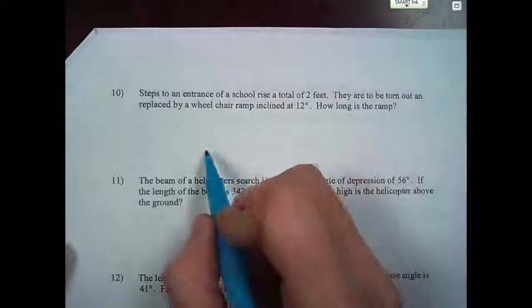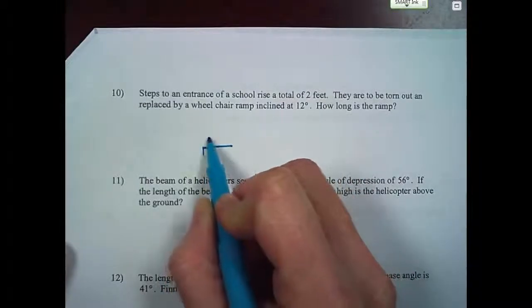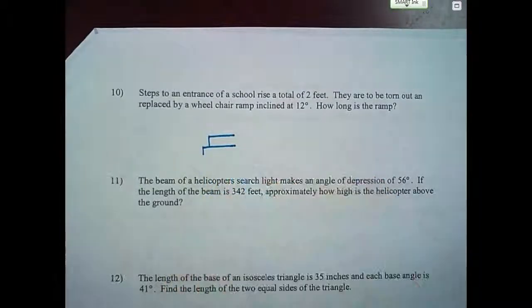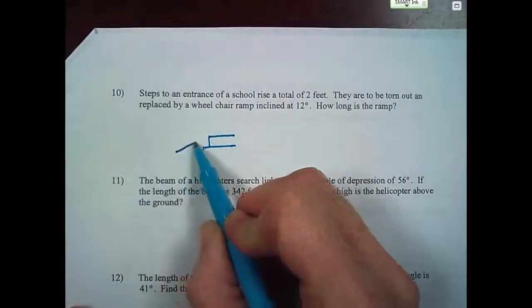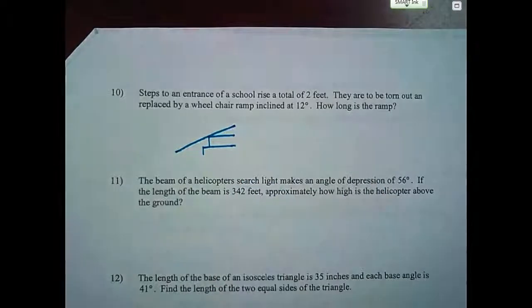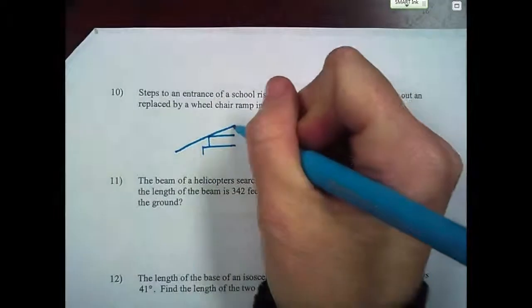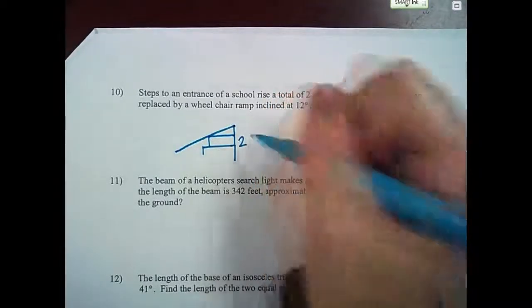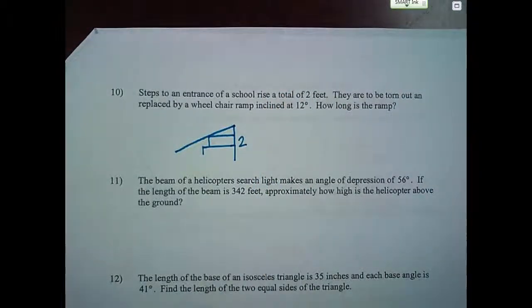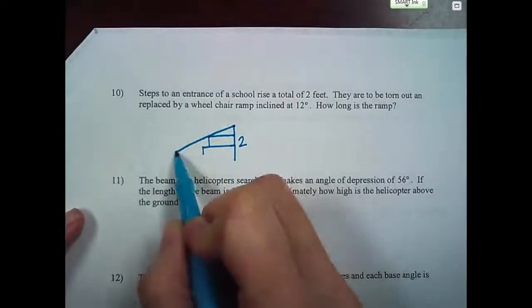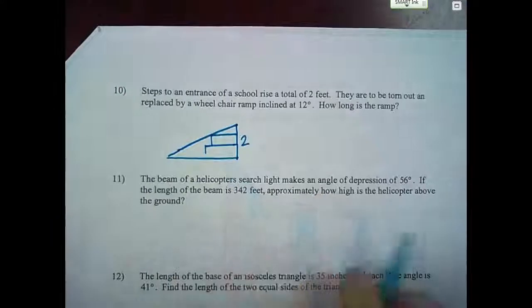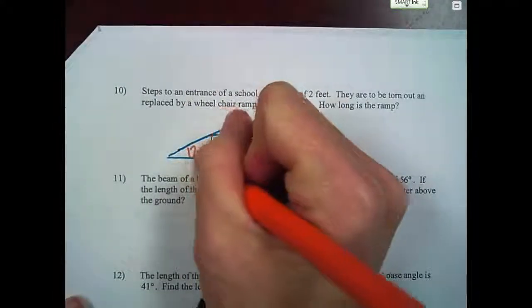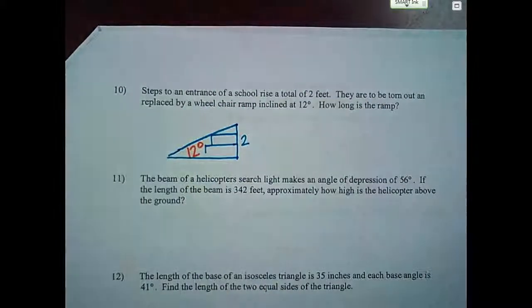So if you have stairs, right, there's your stairs. But instead of stairs, they're going to put a ramp here. How tall are the stairs right now? 2 feet. And it's replaced by a wheelchair ramp that's inclined at 12 degrees. So this should be 12 degrees. And the question is, how long is the ramp?